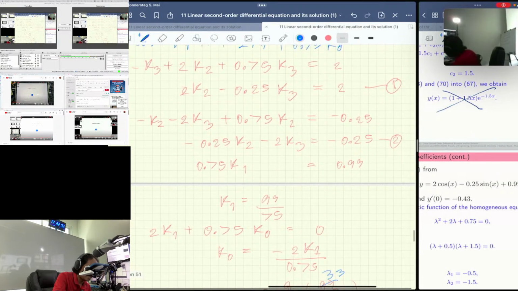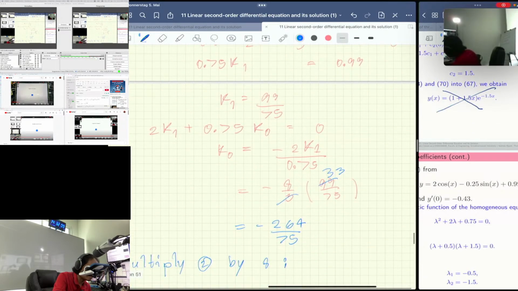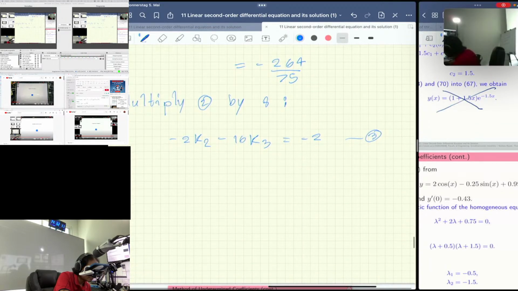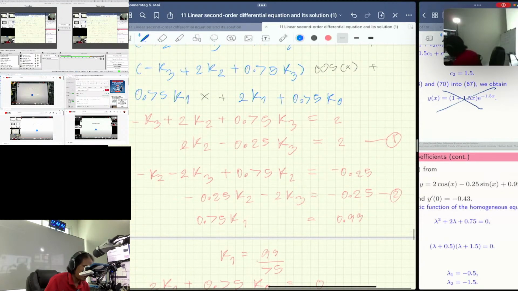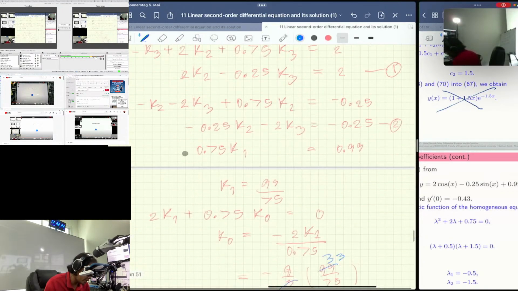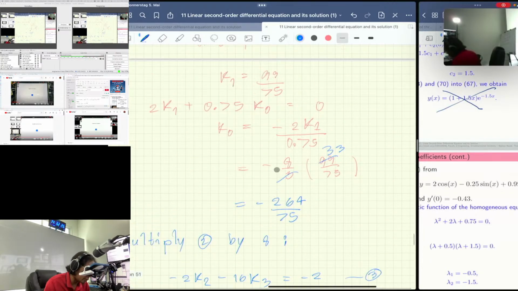And you add equation number 1 and number 3. You're going to get a cancellation of K2, because this is plus 2K2 and here we have negative 2K2.